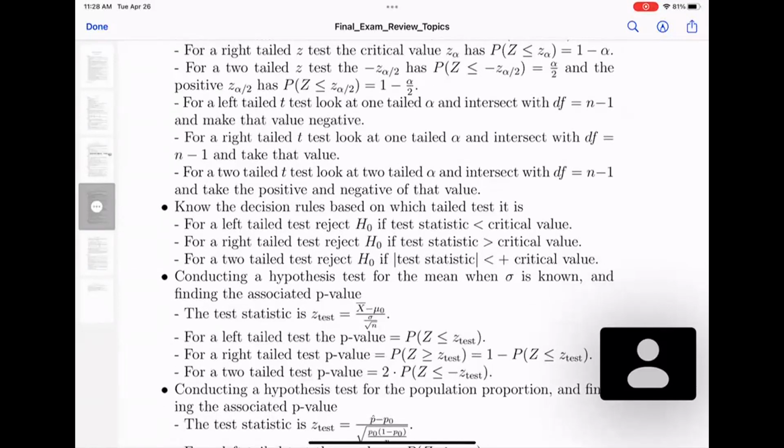Then for a two-tailed Z test, you have minus Z alpha over 2, the negative critical value, which has the property that the area to the left of it is alpha over 2. And the area to the left of the positive critical value is 1 minus alpha over 2, or the area to the right of the positive critical value is just alpha over 2.